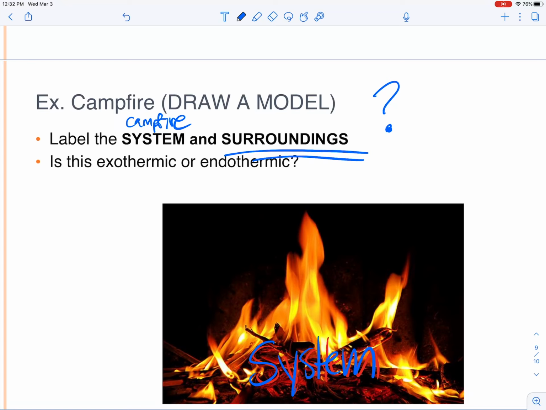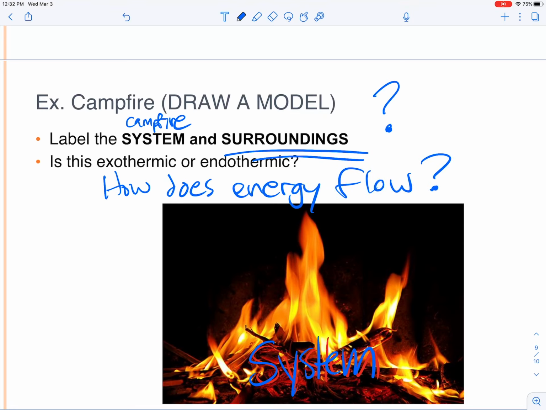Okay, so now that you've seen what is part of our surroundings, before we answer is this exo or endothermic, how does the energy flow? So from what object to which object would the energy flow to and from?